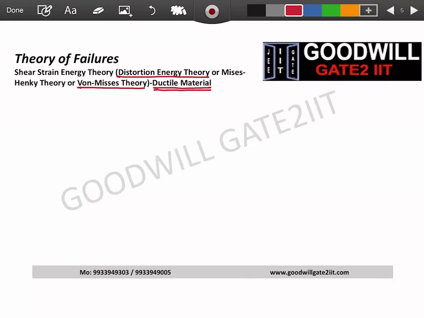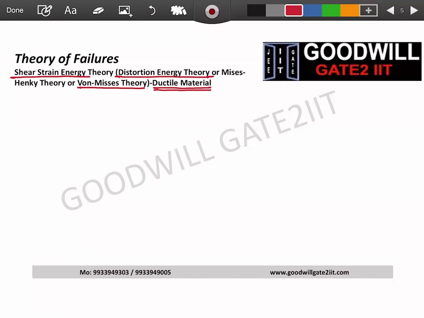All right. Very simple statement. First of all, what is this distortion energy? This distortion energy is nothing but a fancy name for shear strain energy. But the problem is, we have not learned any kind of strain energy like this. What we have learned is strain energy in bending, strain energy in torsion, strain energy in axial loads.